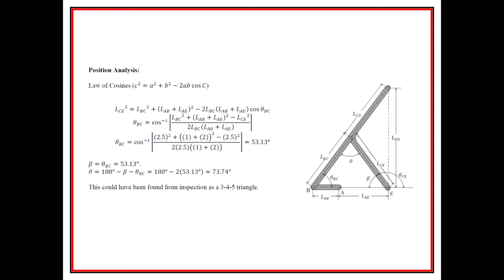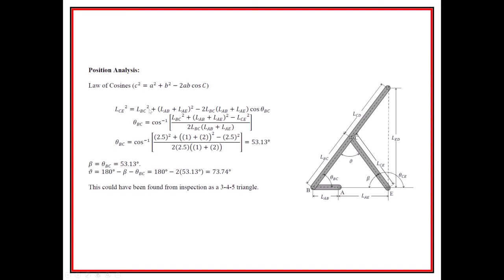So we have difficulty solving those, and we have to either use a long algebra method or maybe the Newton-Raphson numerical approach. But here it's aligned, and using the law of cosines we could find these unknown angles.